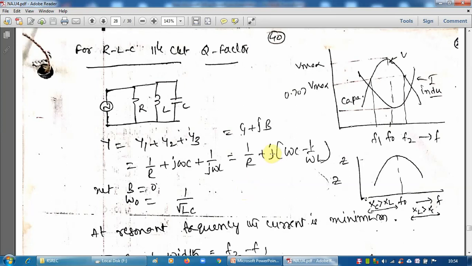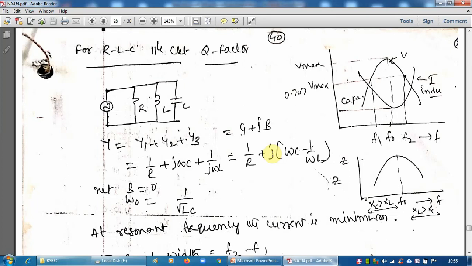So if for a circuit we express the total impedance as Z, then I equals V by Z. If we express admittance, then I equals V into Y. Both are the same expressions, don't get confused. As we do not have a blackboard, I am explaining orally.